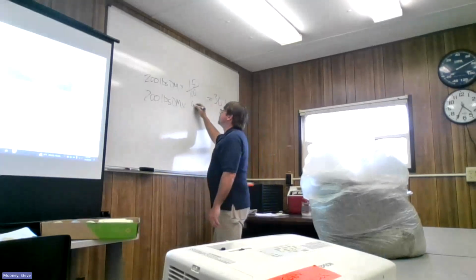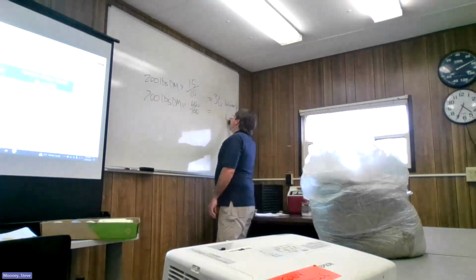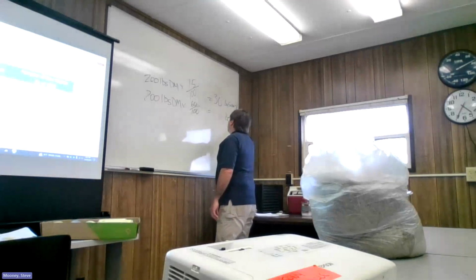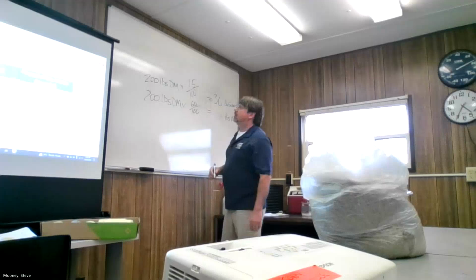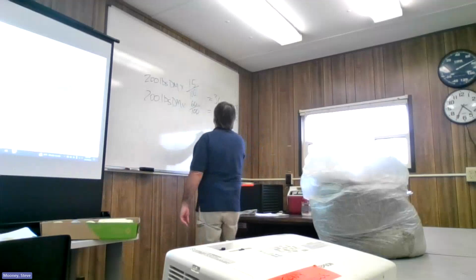NDF is 60%. We're going to divide that by 100. That's going to give us how many pounds of NDF in that pile? So 200 times 0.6 is going to give us 120.